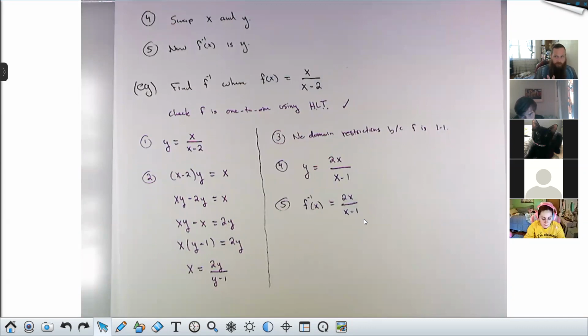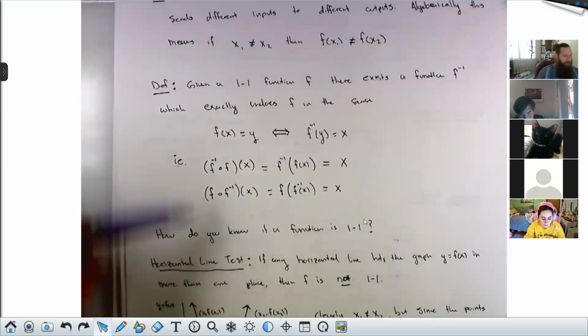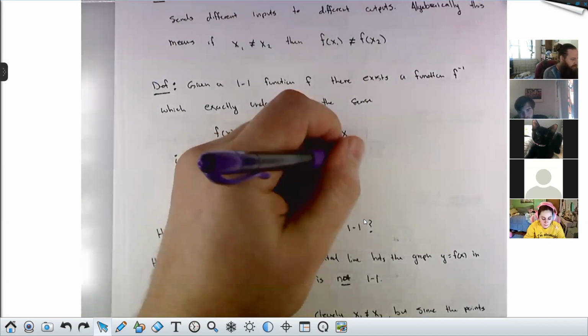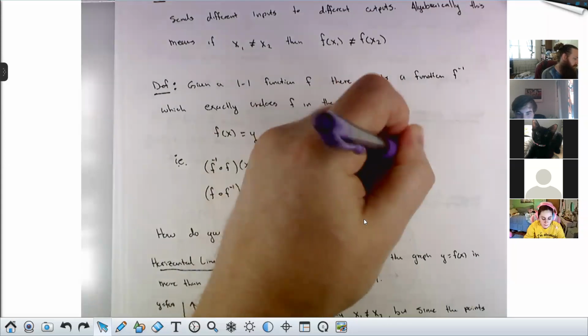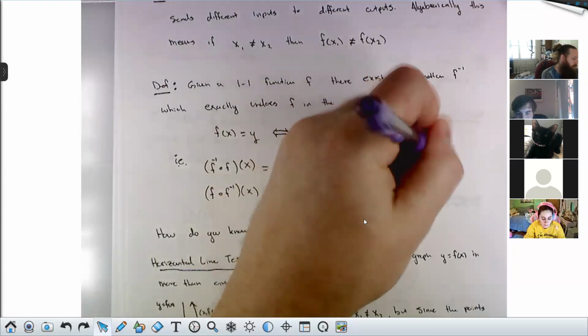Now, if you don't trust me, or if the problem asked you to verify that you have found the inverse, we would need to check the definition. Remember what the definition was. This is how you check or verify.